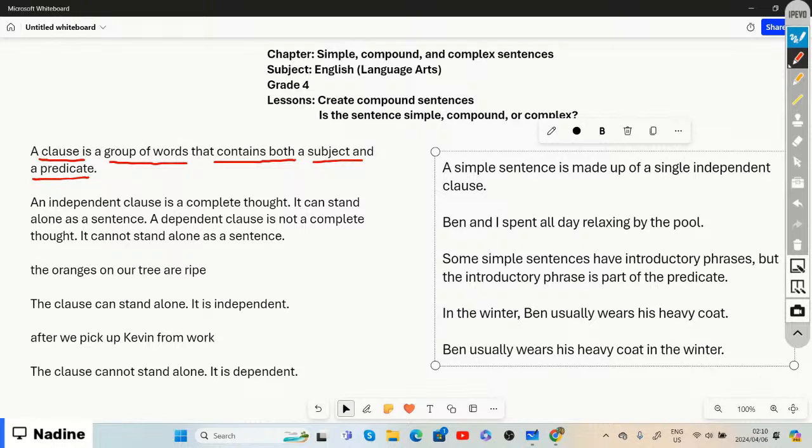Then we have independent clauses and dependent clauses. An independent clause is a complete thought that has both a subject and a predicate in it. An independent clause can stand on its own, so it can stand alone as a sentence.